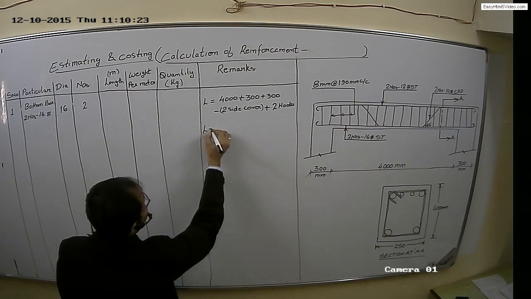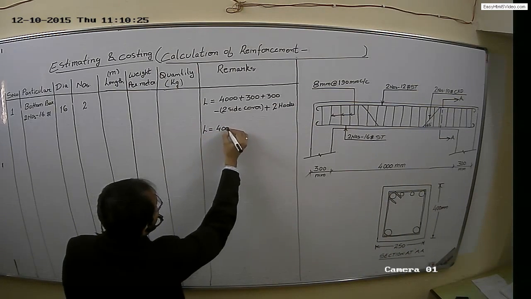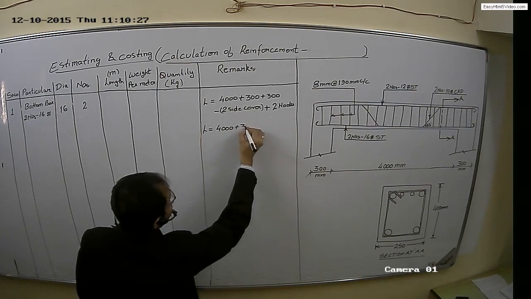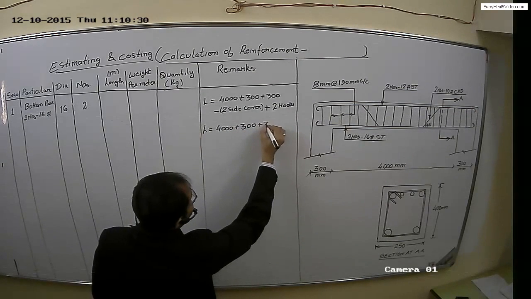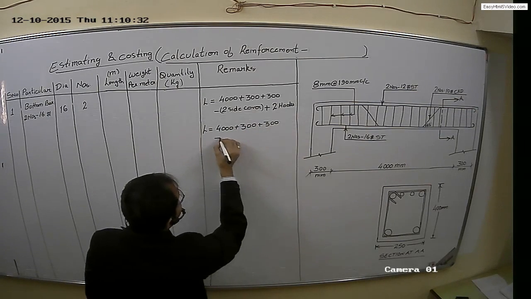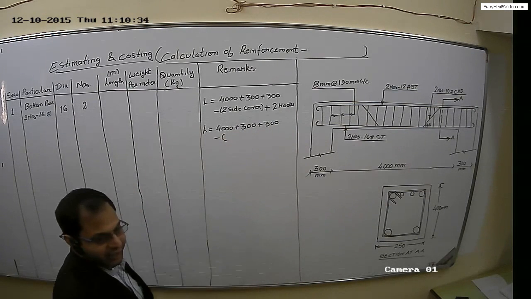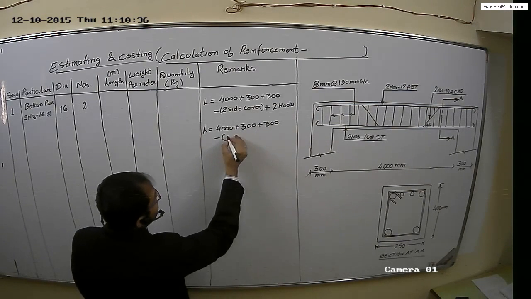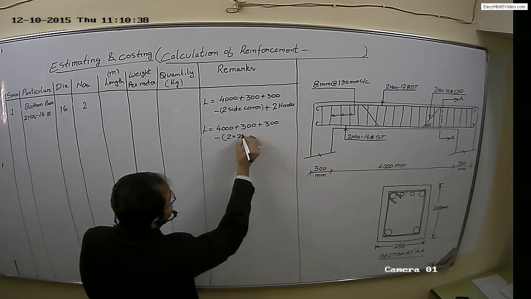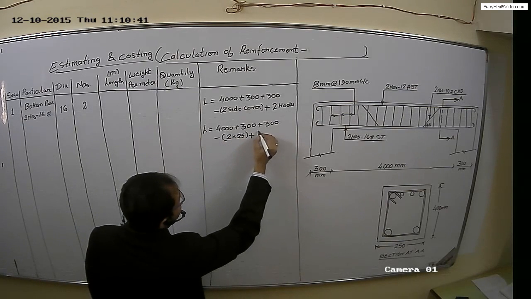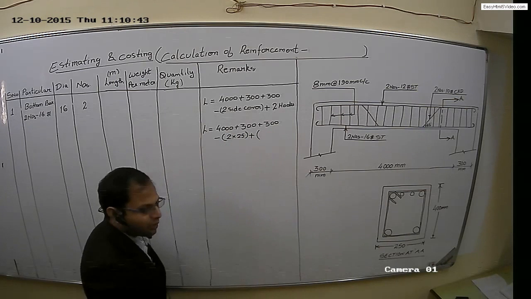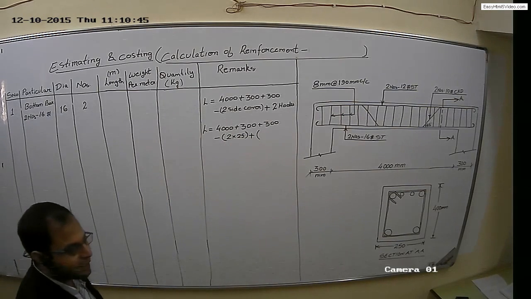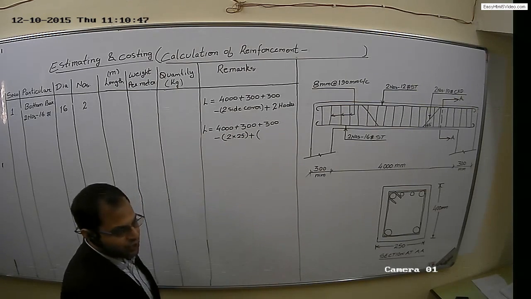So length can be calculated as 4000 plus 300 minus 2 covers, which we are taking 25 mm, then 2 into 25 plus 2 hooks. So for 2 hooks we take 18.5, 9.5 for each hook.